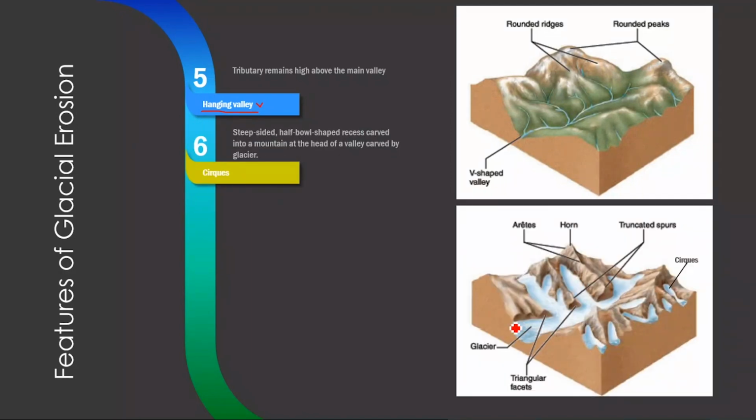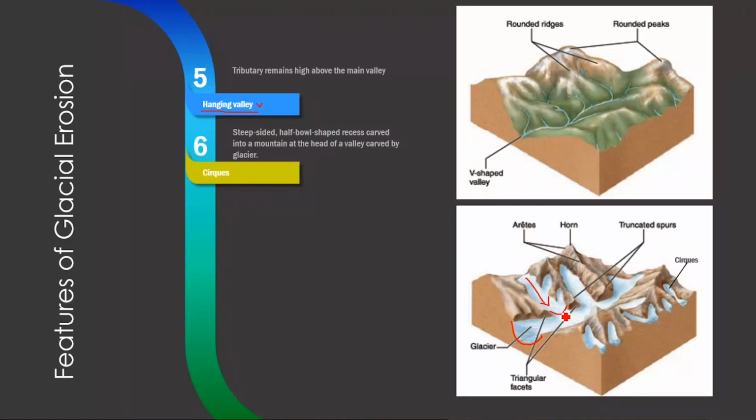in this case, this is the main valley where the glacier is moving, but there are some tributaries which are contributing ice to this glacier, but the height of this is not at the same level as the main valley, which is slightly elevated. Why? Because it is not like a river.